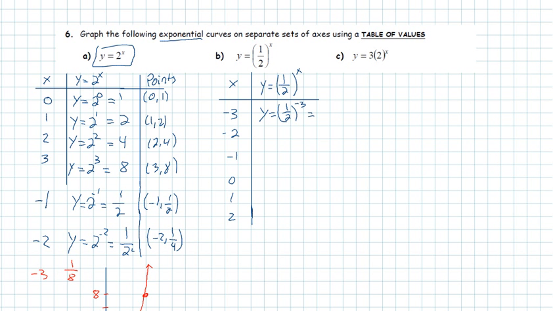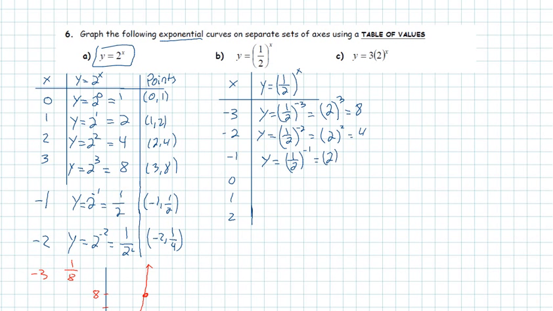Same thing as writing this, because I flipped my base and I made my exponent positive, which is equal to 8. So same thing as writing 2 to the power of 2, which is 4. 2 to the power of 1, which is 2.